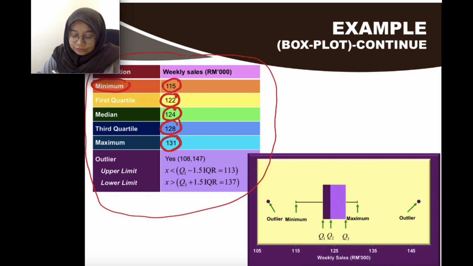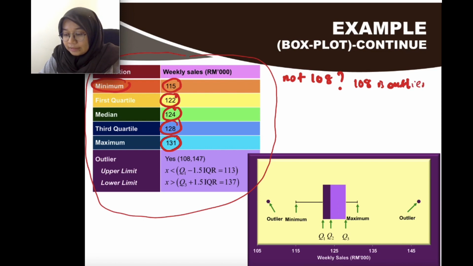Okay, so if you notice here, why the minimum is 115, not 108? Why? Because 108 is an outlier. So if you notice here, we determine outliers. So the lower limit is 113.